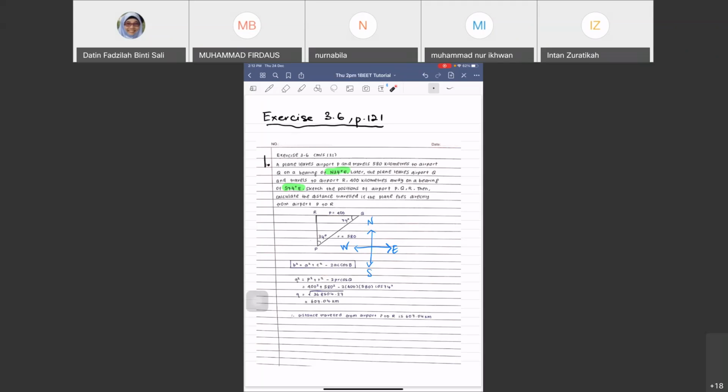We don't draw from east and west, we draw from north or south depending on the question. If it says north to east, you go in this direction. If it says north to west, you go that direction. If you have south to east, you go this way, and south to west, going that way.